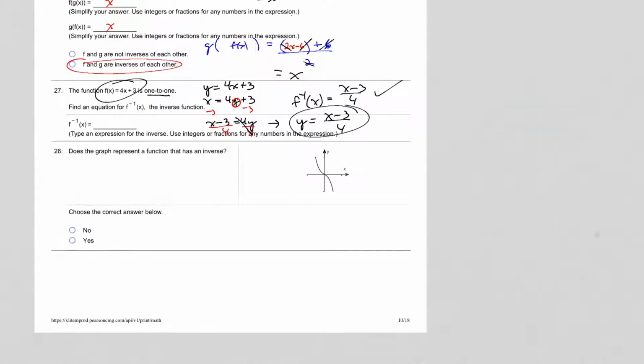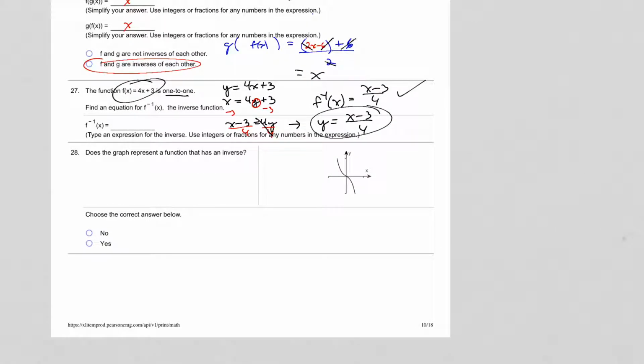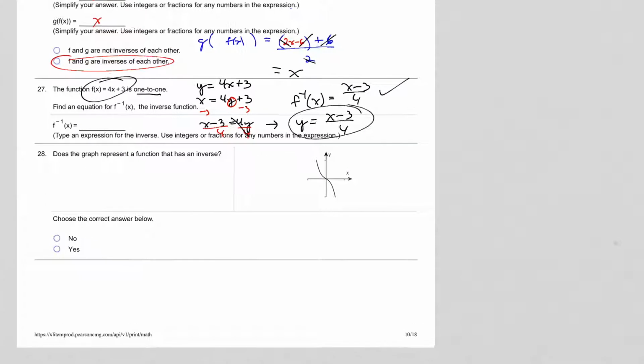Now, I do want to go over another one. It's very similar to the one in our notes. Let me just go ahead and do the one in our notes. It was f of x equals x to the third minus 1. So we make this y.